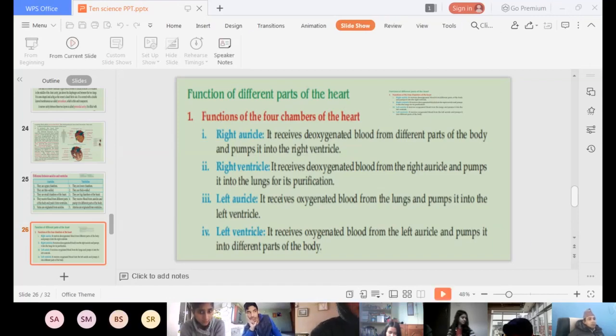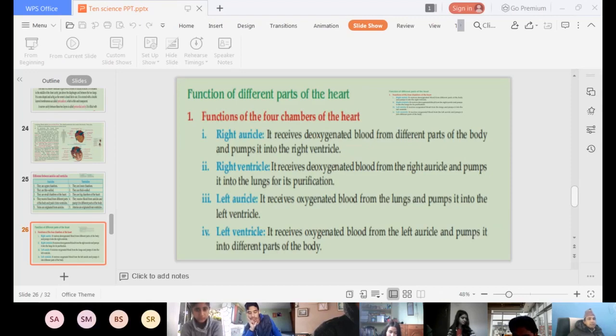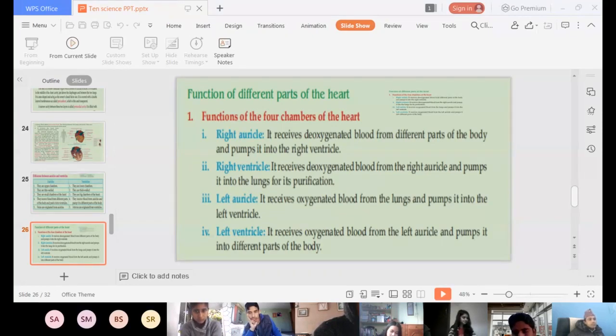And left auricle, what does left auricle do? It receives oxygenated blood from the lungs and pumps it into the left ventricle. And left ventricle receives oxygenated blood from the left auricle and pumps it to different parts of the body. These things you have to keep in mind. So students, what does the right part of the heart possess?